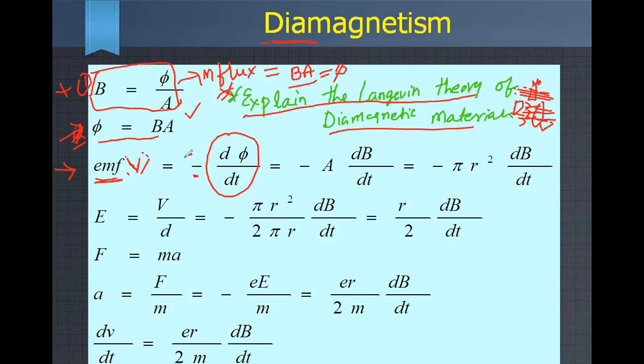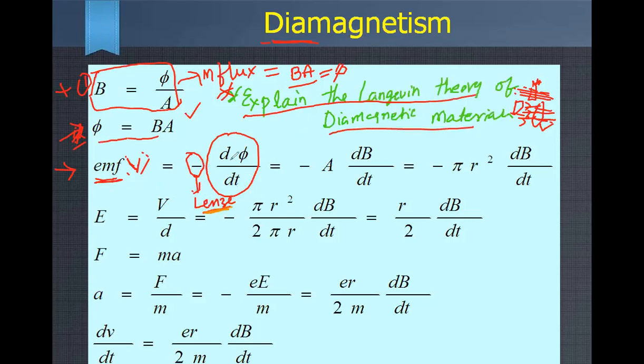The minus indicates Lenz law. I think you would have heard this in intermediate too. The negative sign indicates, what is that? Lenz law. Yes, I'm going to tell you what I want. So this is the Lenz law.